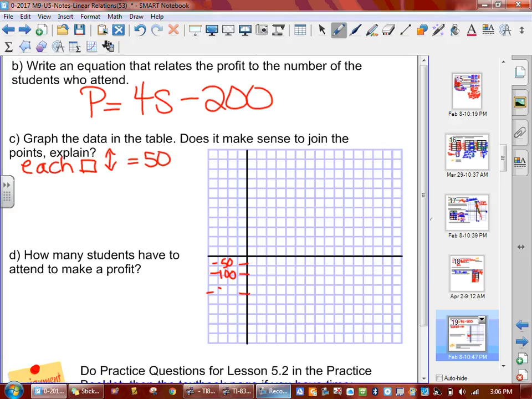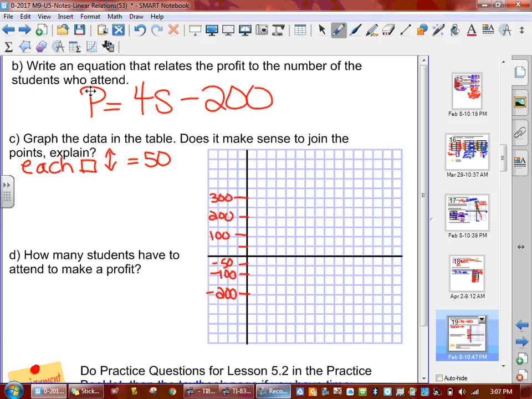So if we say we're going up by 50s for each square, then that means this is 100, 200, 300. And here, we're going to say every 2 squares left and right is going to be 50.